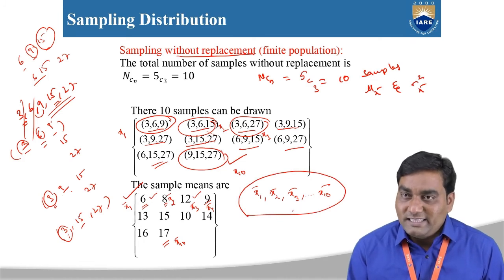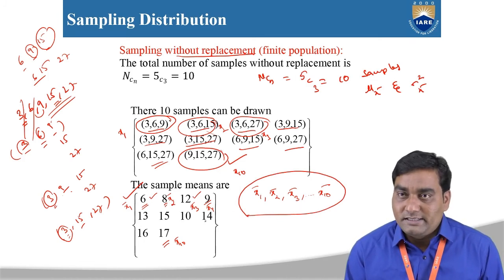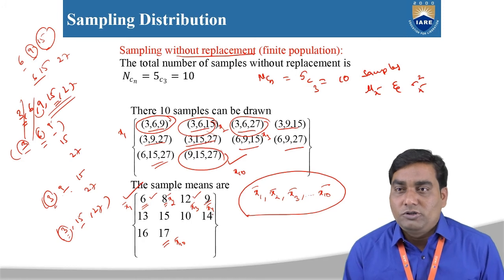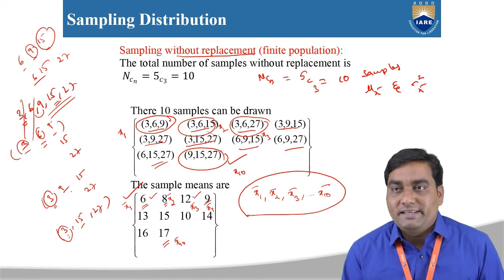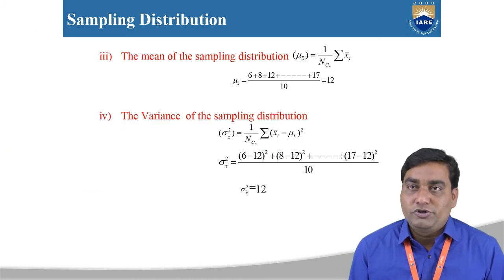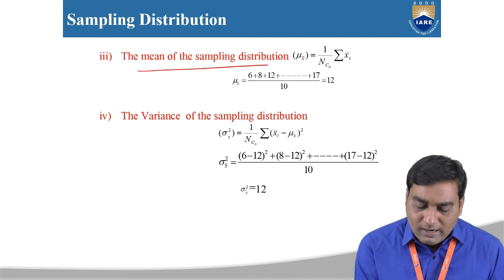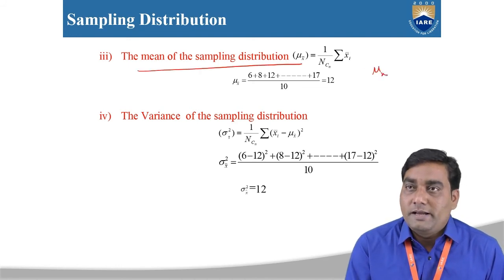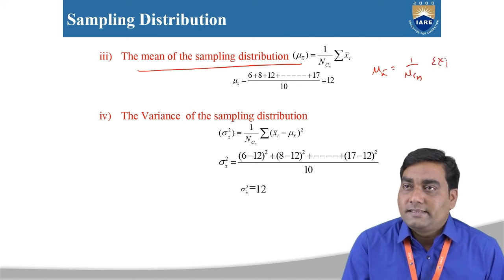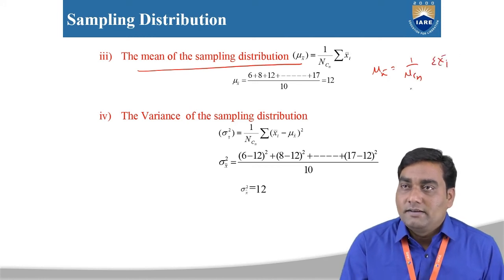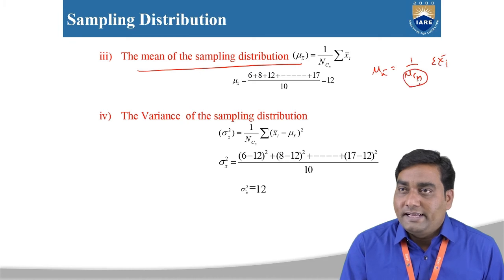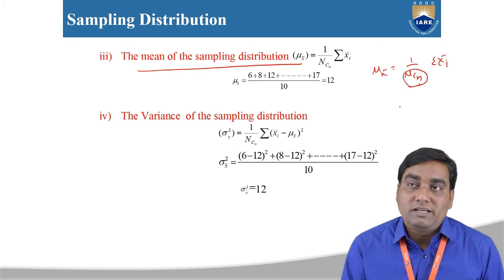By using this data, we can find the mean and variance of the sampling distribution. The mean of the sampling distribution, denoted by mu x bar, formula: 1 by NCn sigma xi bar. Why have we taken NCn? Because it is the without replacement case.